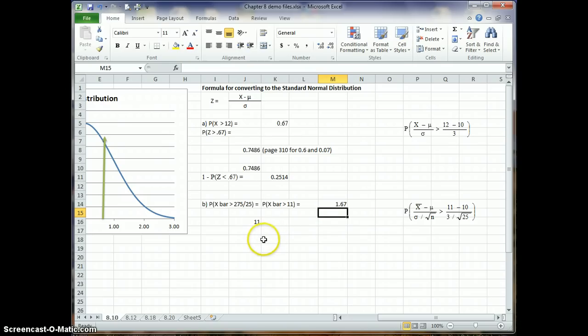To figure that out, again, we would go to page 310, and I'll post this file so you can view the file as you're watching the video.